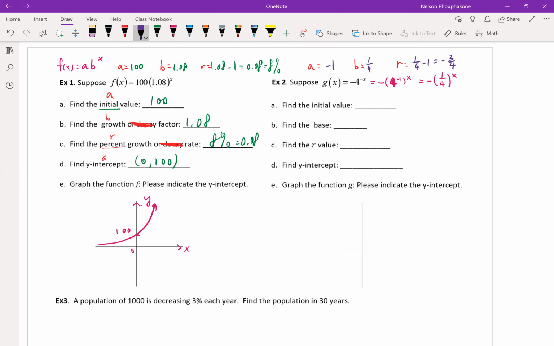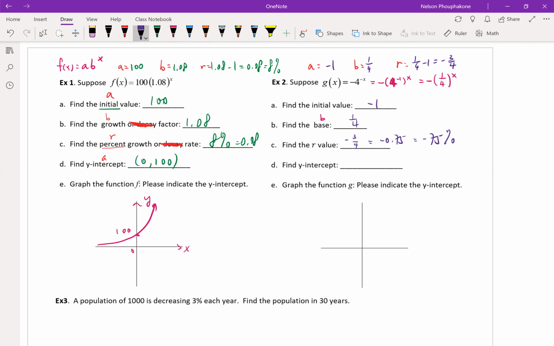Okay, and now, again, I know that my initial value is negative 1. And then remember the base. What is the base? The base is b. Then b is 1/4. And then the r value basically is negative 3/4, or negative 0.75, or negative 75%.